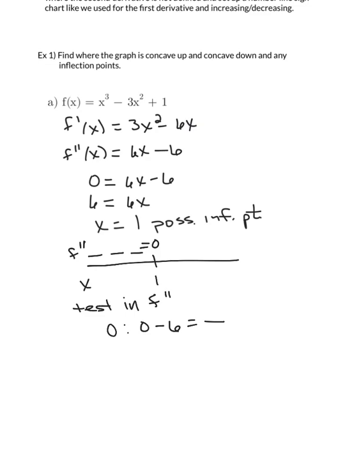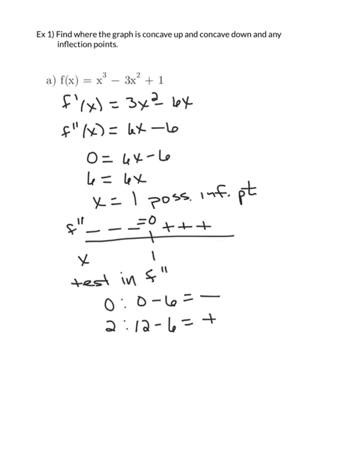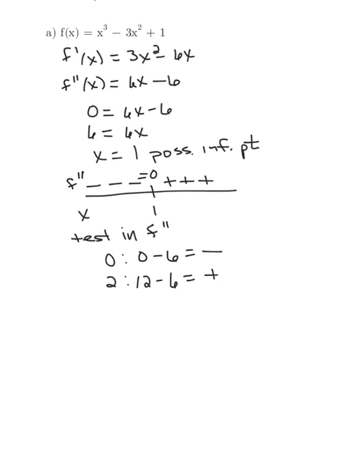Now test something to the right of 1. Let's test 2. We would get 12 minus 6, which is a positive answer. So all the numbers to the right of 1 would give us positive answers. What that tells us then is that we are concave up on the interval from 1 to infinity.